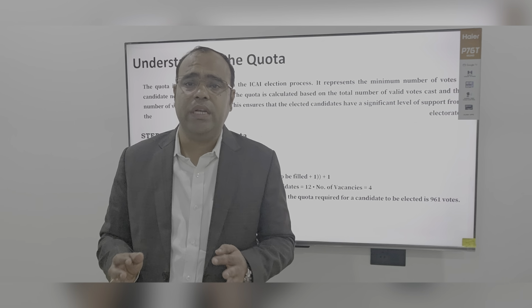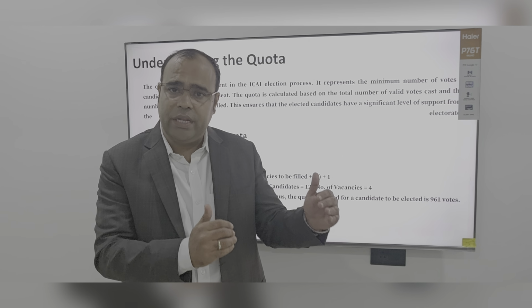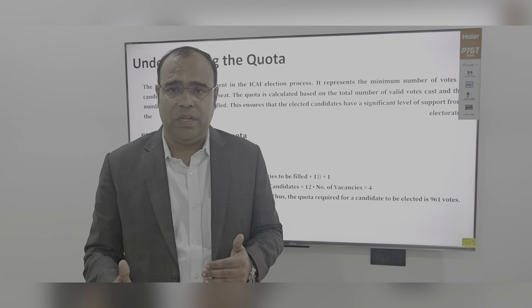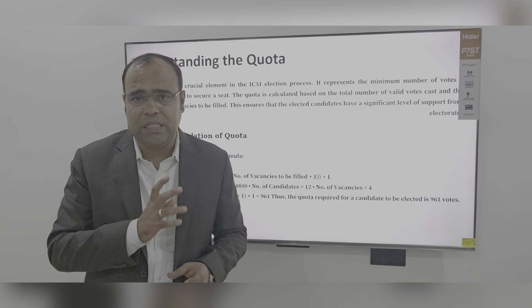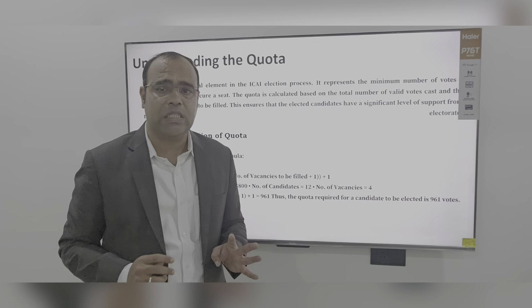How is a quota calculated? It's a very simple mathematical formula: the total valid votes divided by the number of vacancies to be filled plus 1 in the denominator, then plus 1 to the result. We have taken an example where 4,800 are valid votes and 4 vacancies need to be filled.